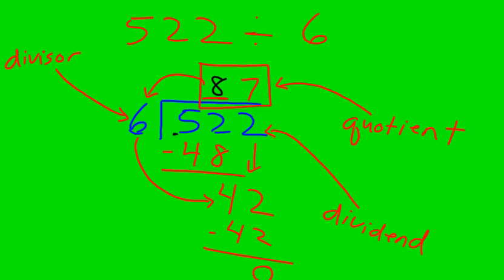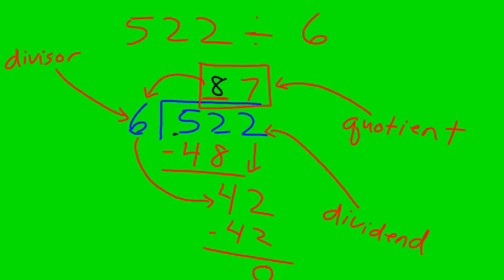Now, one last thing that I really want to talk about on this slide before we get into dividing polynomials is multiplication and division are opposite operations. So we can divide and get our answer of 87. Now we can do the opposite. We can multiply and get back to 522.